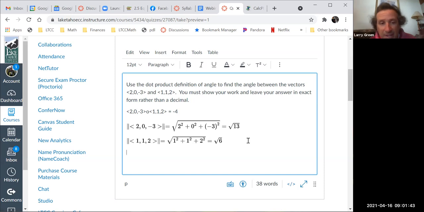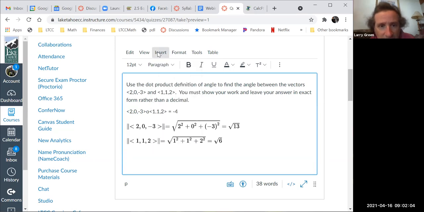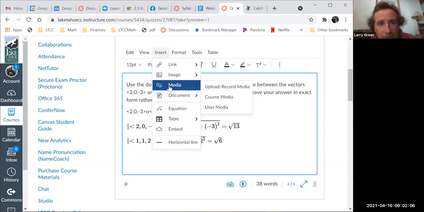Okay, now we're ready to put everything together. So again, we have the dot product of -4, and root 6 times root 13 is root 78, just multiplying them. So we're going to take the arc cosine of that, and that'll be the answer. It's a lot easier to write this. This is root 78 and -4.